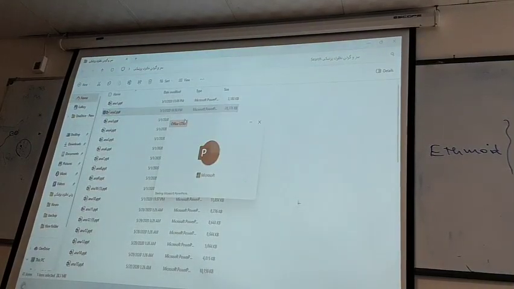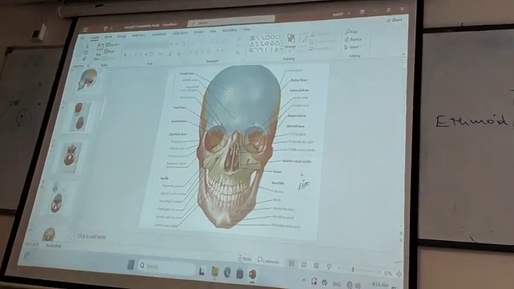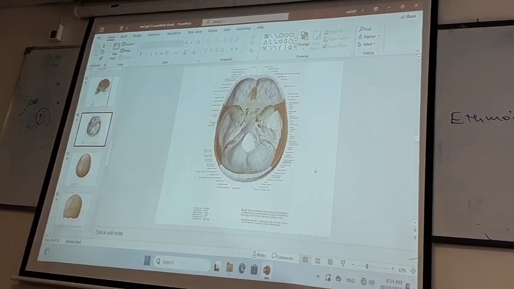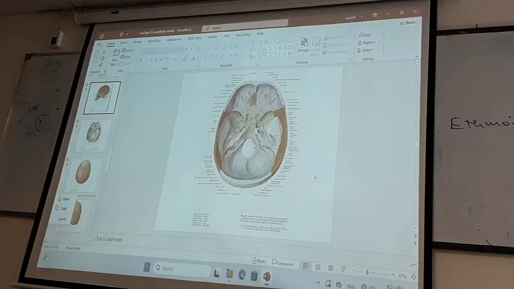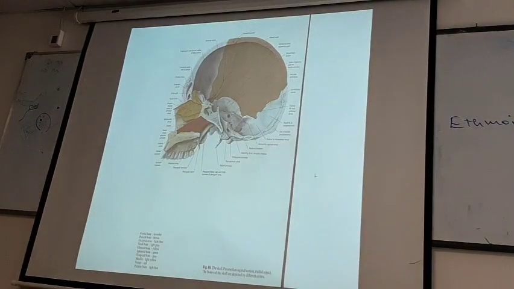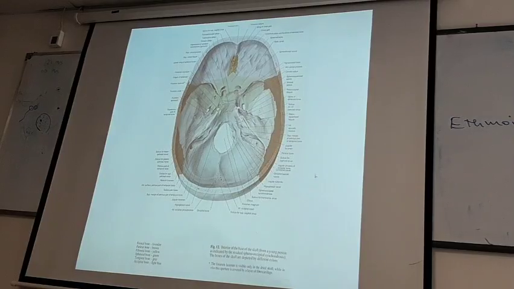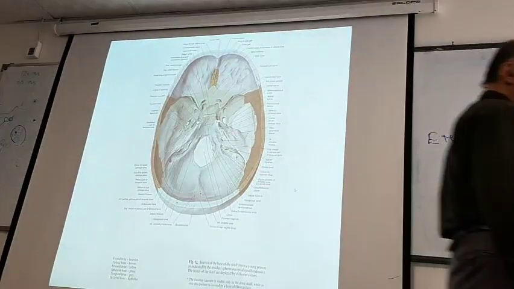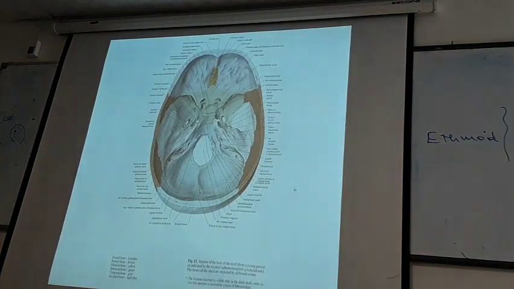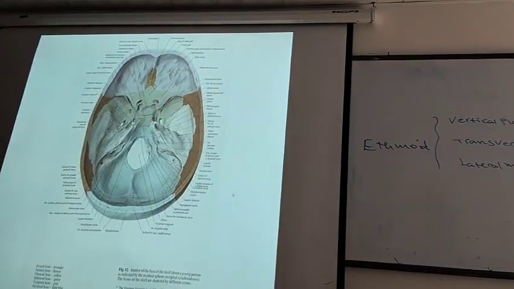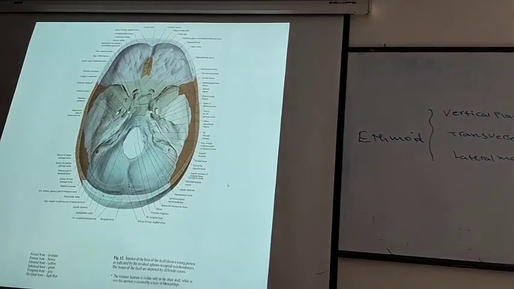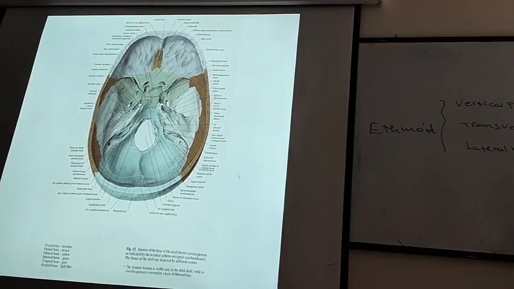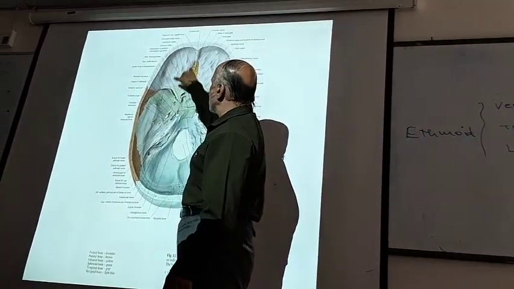Here you can see the yellow color is transverse plate of ethmoid.